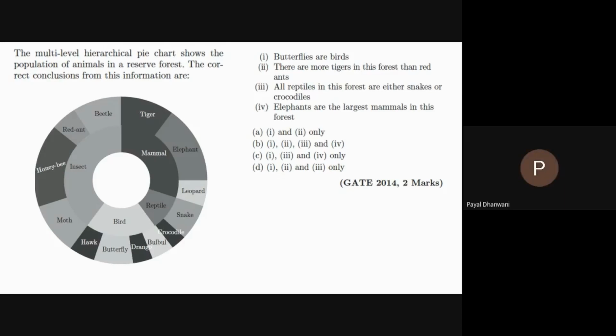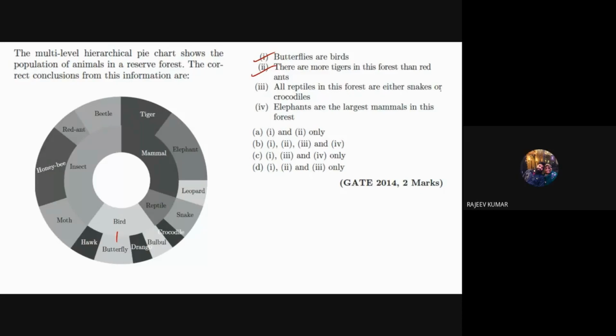It's option B, or D? Let's see. So you had to come up with the conclusions. The butterflies are birds. So, do I have butterflies? Yes, butterflies, and they are a part of birds. So this is correct. One is going to be correct. There are more tigers in the forest than the red ants. Tigers and red ants. So red ant यहाँ पर है मेरे पास, tiger यहाँ पर है. Obviously, tiger looks bigger than the red ant, so that is correct one.